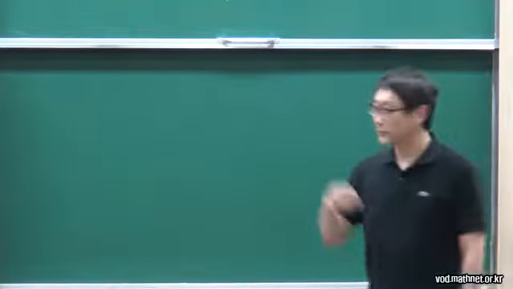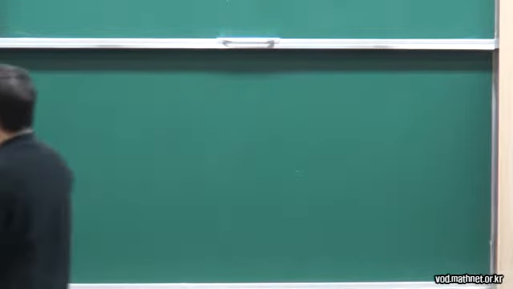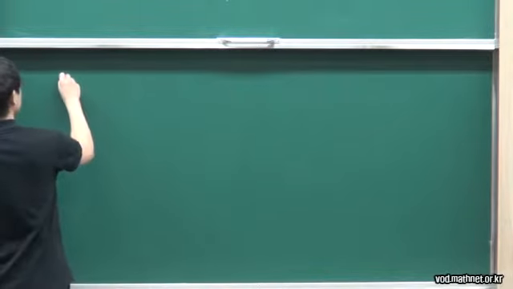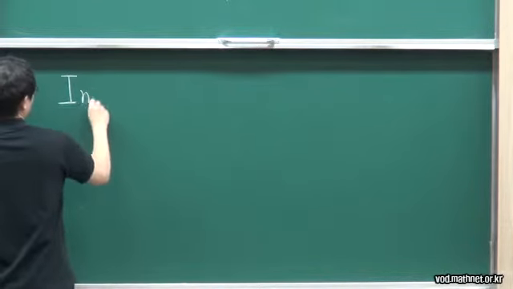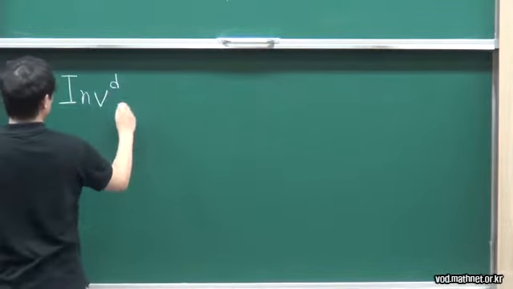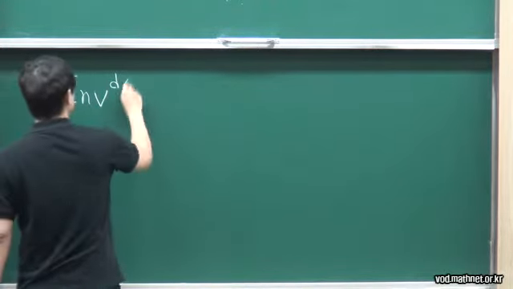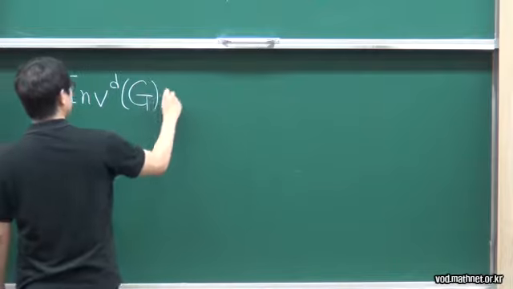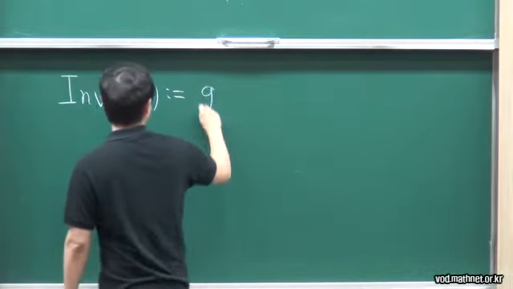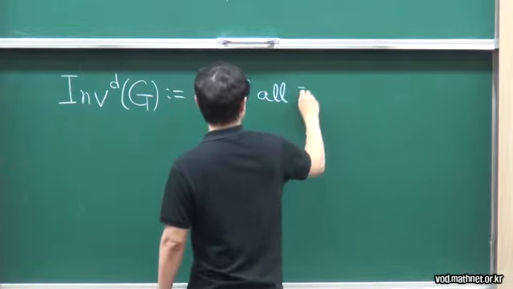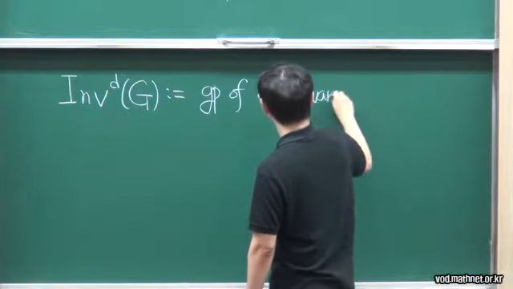And if we put together all the cohomological invariants, then it becomes a group, and this group is denoted by the invariants of degree d of G, or cohomological invariants.